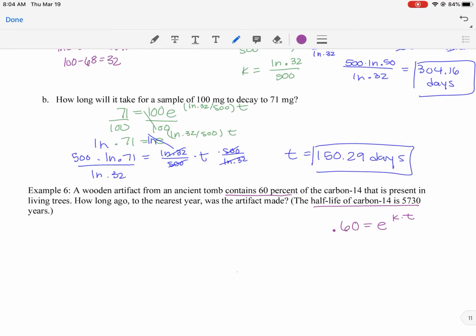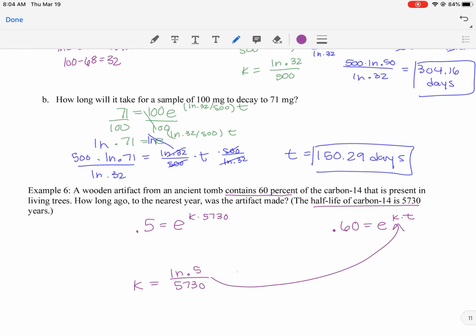So we're going to have to take one step back and say, okay, the half-life. So I've got 0.5 for half of it equals 1. I don't need to write that, e to the k times 5,730. I'm going to let you solve that. I'll give you the answer for k down here, though. You should get the natural log of 0.5 all over 5,730.